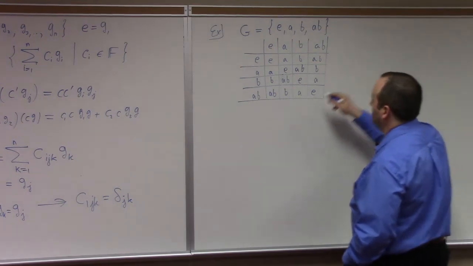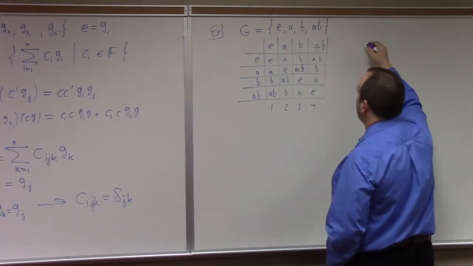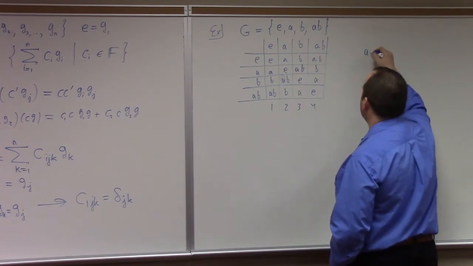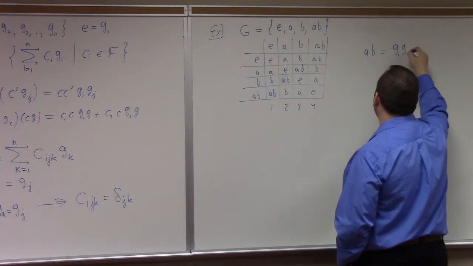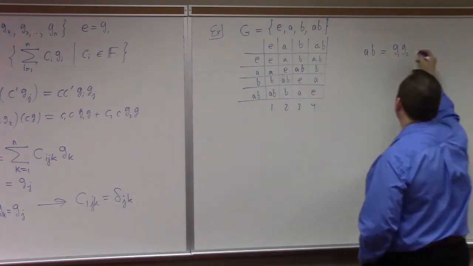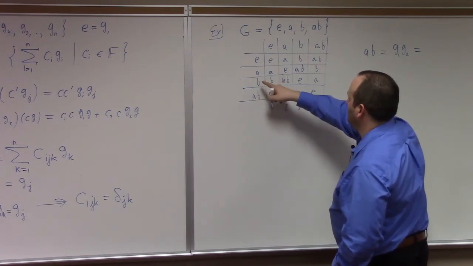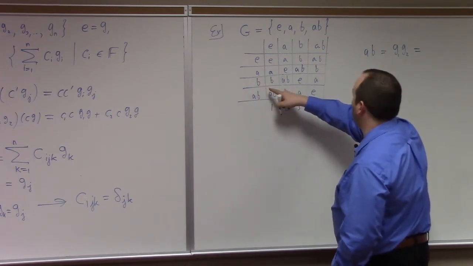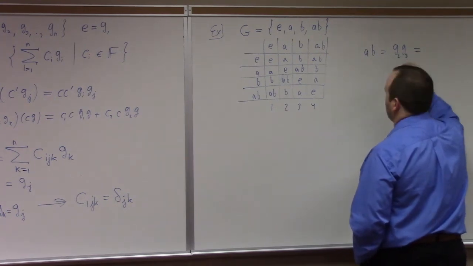So if this is 1, 2, 3, 4, if I look at, for example, A times B, that's G1 times G2 in my current notation, right? And that's equal to what? What would be G2 times G3? Oh, I'm sorry, I can't do math. Let's see here, G2 times G3, yeah, as you said.